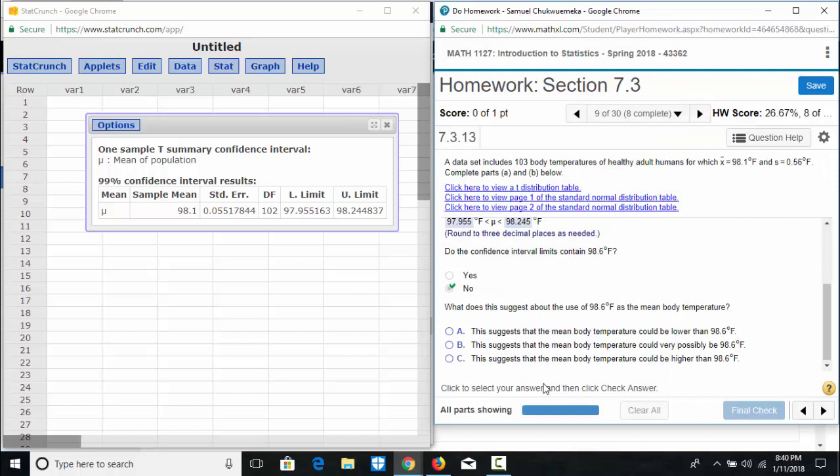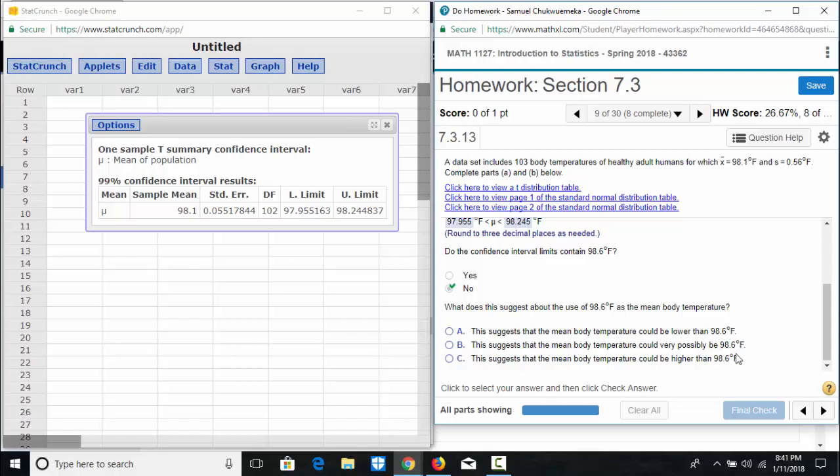What does this suggest about the use of 98.6 degree Fahrenheit as the mean body temperature? A. This suggests that the mean body temperature could be lower than 98.6 degree Fahrenheit. B. This suggests that the mean body temperature could very possibly be 98.6 degree Fahrenheit.